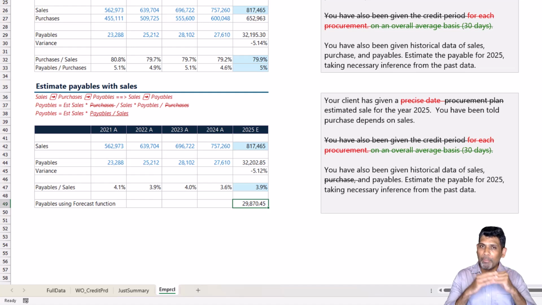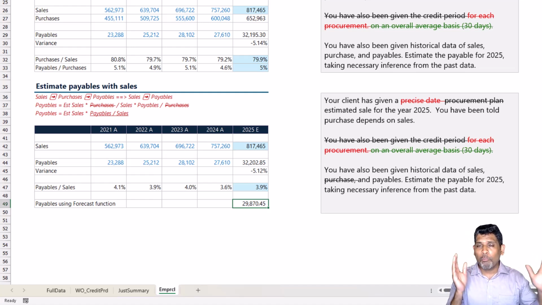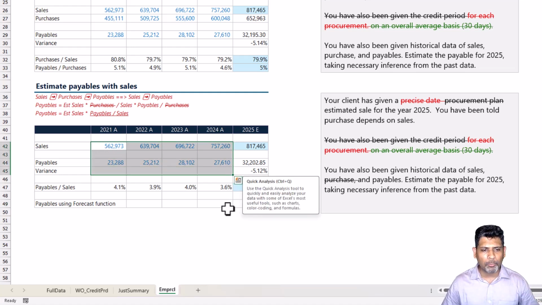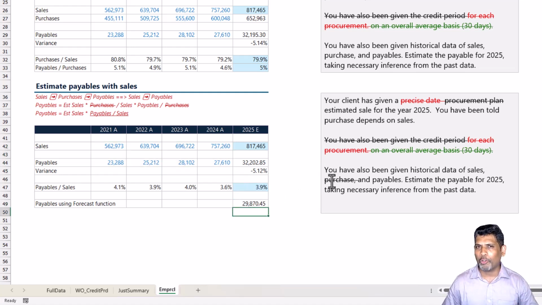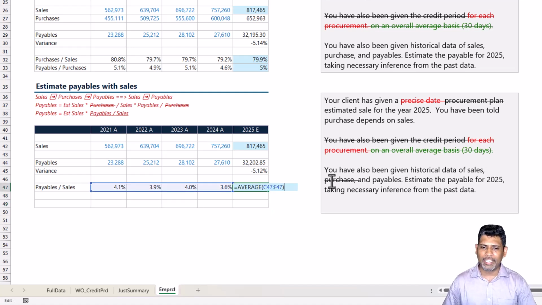But for the same number of variables, let's say, for example, payables to sales ratio, which is one variable, if you have more data, let's say going back 40 months, 60 months, then I can build more robust statistical models. But when you have only a handful of data points, the more advanced statistical approach you use is not going to necessarily give you a more accurate answer. We will often stick to simple averages like what we did here, right?